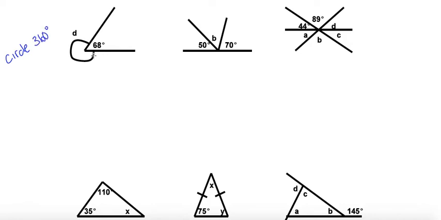So if I make a circle, I would find this by taking 360 and taking away 68. So if you're looking for a reflex angle, this is the strategy that I would use. An entire circle is 360 degrees, and just take away the angle that you know. So D is equal to 360, take away 68, which is 292 degrees.